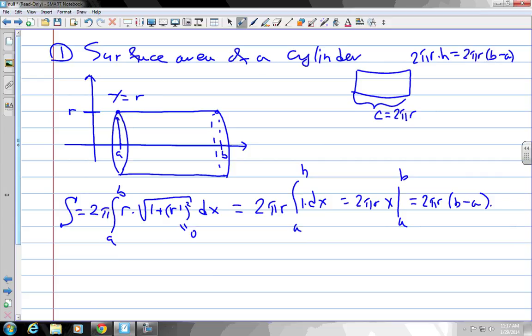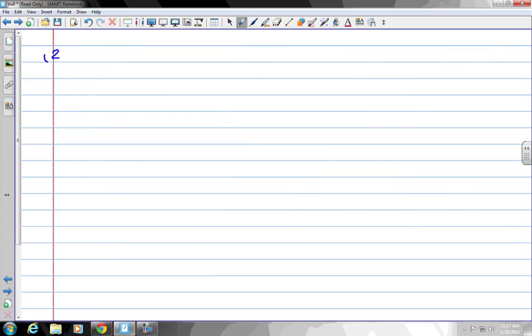Let's do the surface area of a cone. So we use that formula.